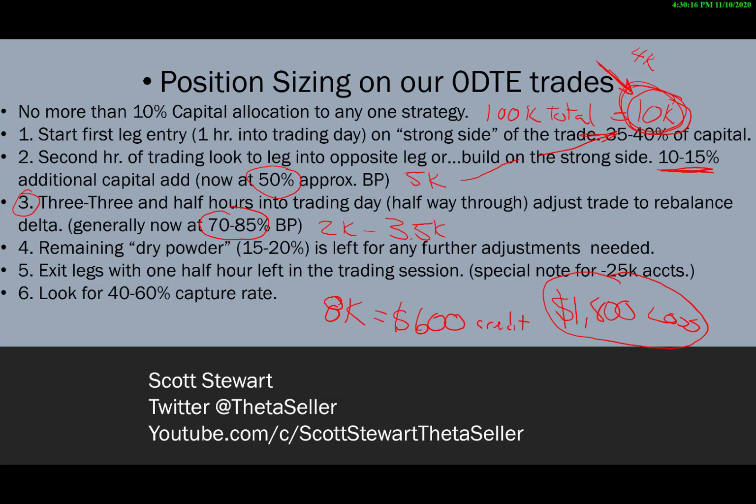Guys, $1,800 on a $100,000 total portfolio is a 1.8% fluctuation. That is well within what the market does on every single day. Every single day the market fluctuates around 2%, so that could just be considered a normal daily fluctuation. It's not impactful on your total portfolio, and in fact you should have other positions that are helping to offset that. So that's the difference in position sizing.